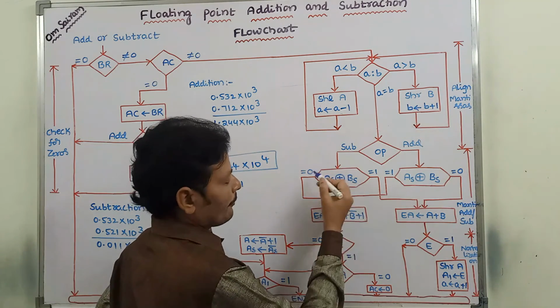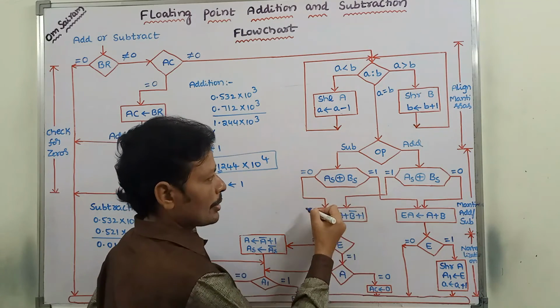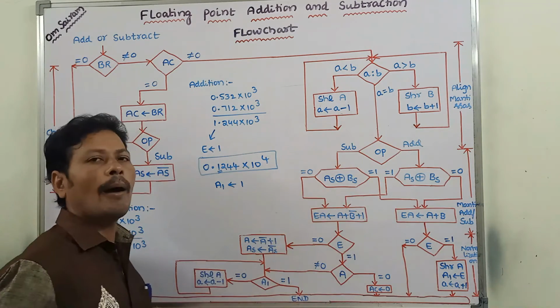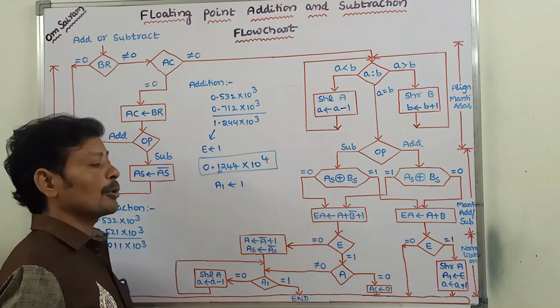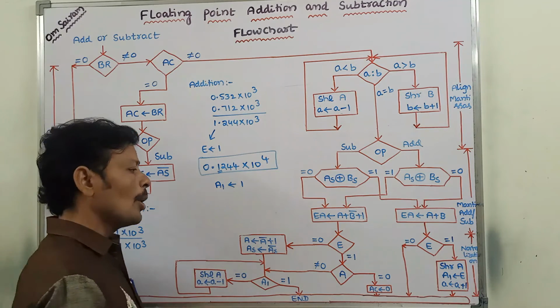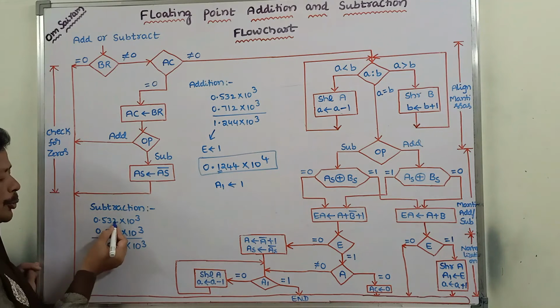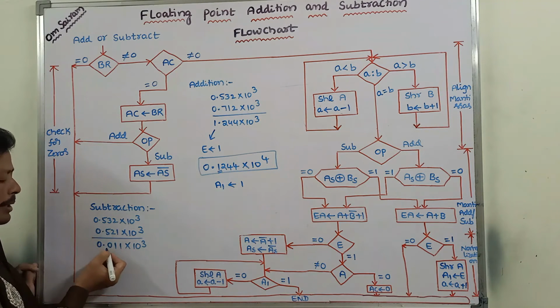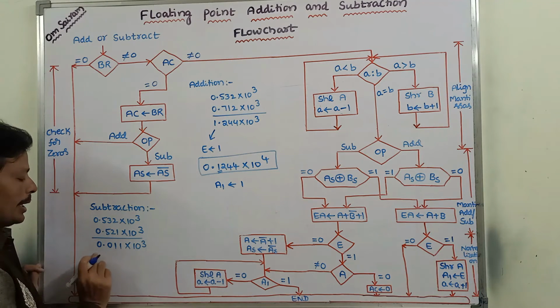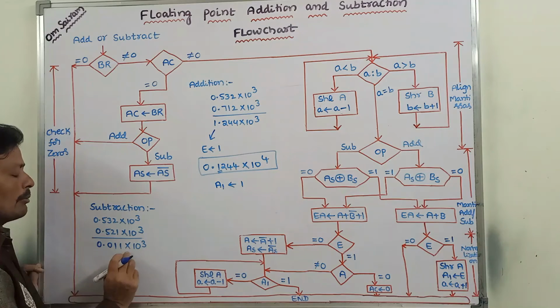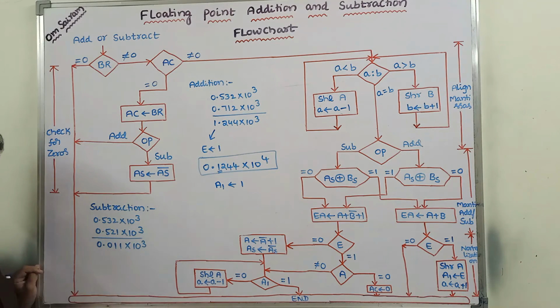Here, after performing the subtraction operation between the mantissas of two floating point numbers, what is the result we are getting? 2 minus 1 is 1, 3 minus 2 is 1, 5 minus 5 is 0, 0 minus 0 is 0. This is the result we are getting, 0.011 into 10 power 3.